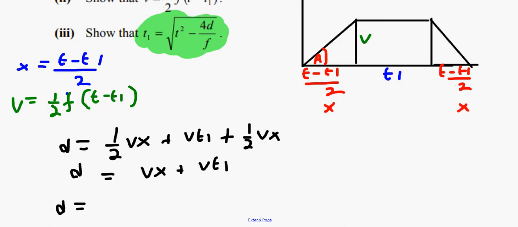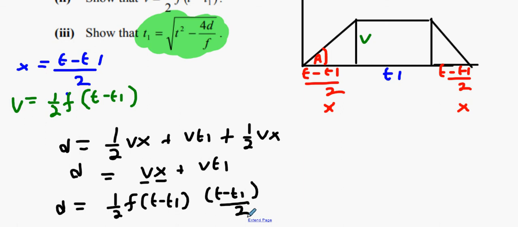Now, D is going to be, oh dear, alright, a half f (t minus t1), that's the V part. Now the X part is, yeah, it's going to be great. (T minus t1) all over 2. Sorry guys, did I mess up there? No, I didn't.